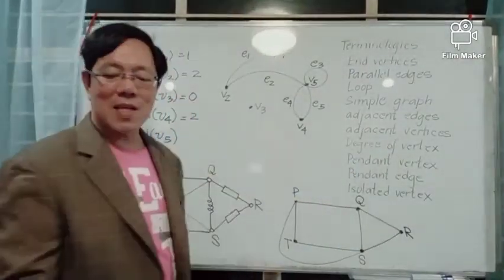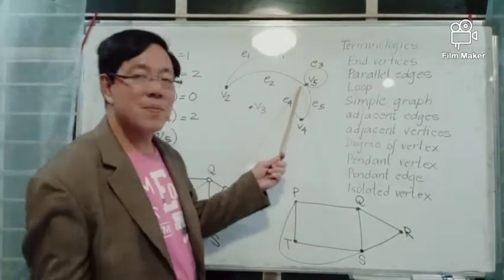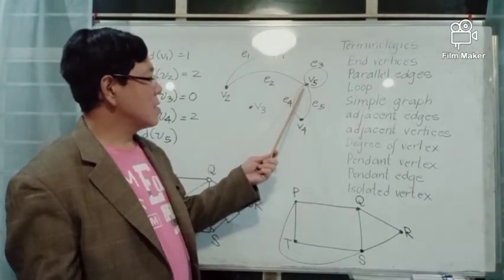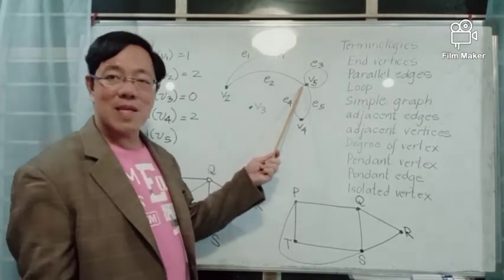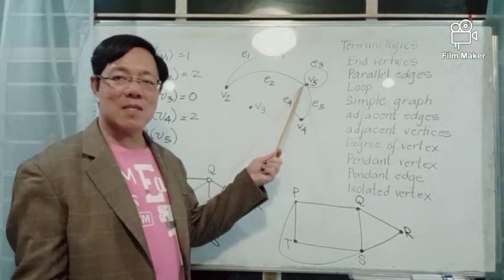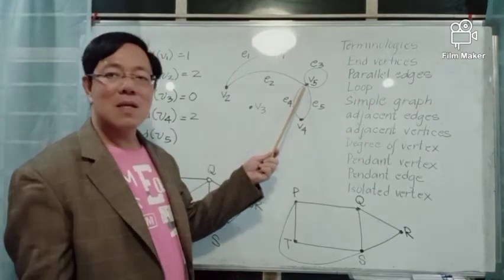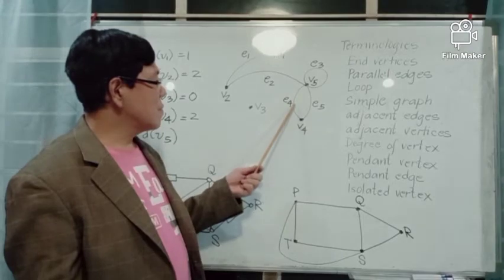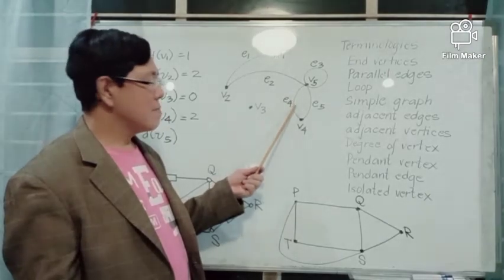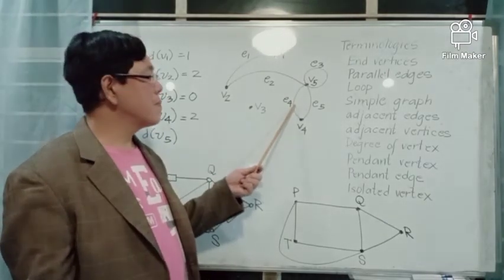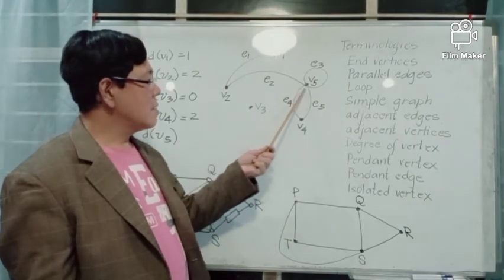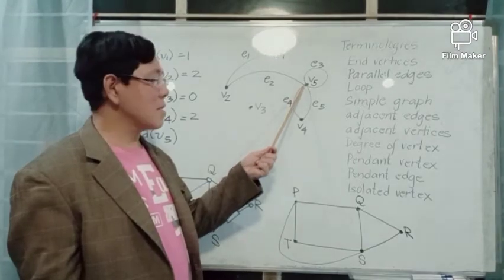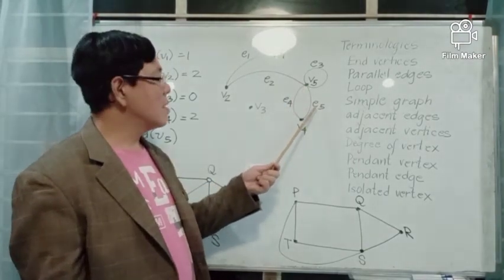Now we find the degree of vertex B5 where we have a loop at vertex B5. Then the degree of vertex B5 is the number of edges that have B5 as an end vertex. Edge E4 has B5 as an end vertex, so that's 1.